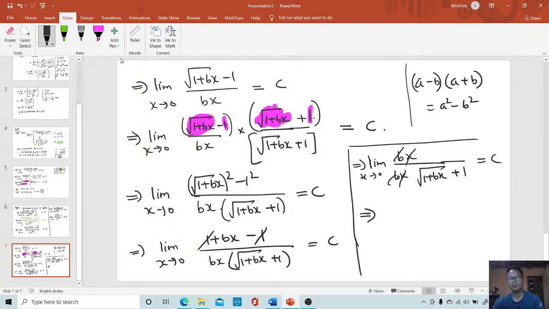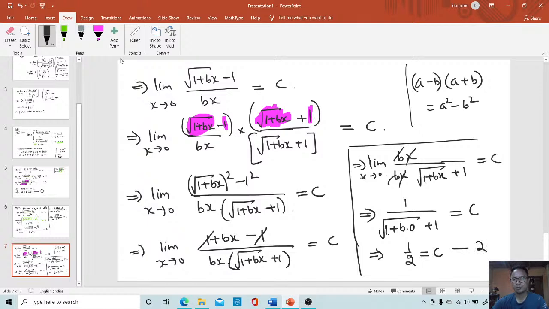Now x tends to 0, put the value of x as 0: 1 plus b into 0 plus 1 equal to c. What we are getting: b into 0 is 0, 0 plus 1 is 1, and 1 plus 1 is 2. This implies 1 by 2 is equal to c. So let it be our second equation.